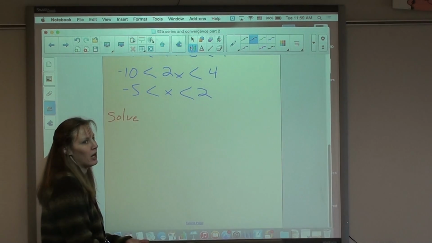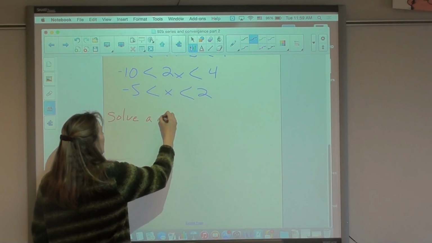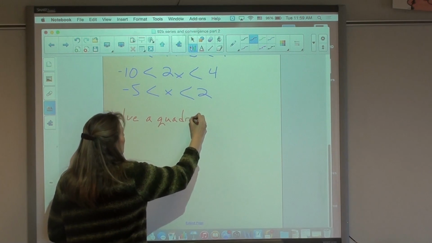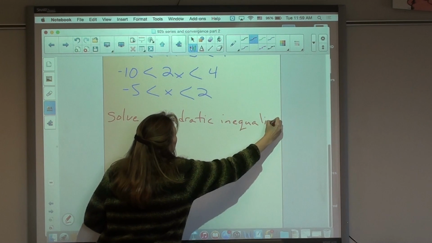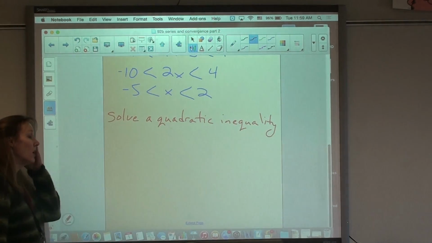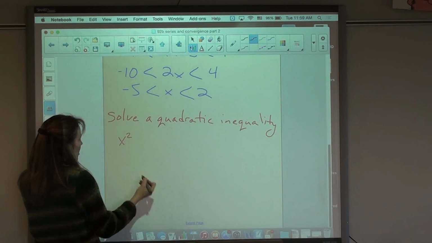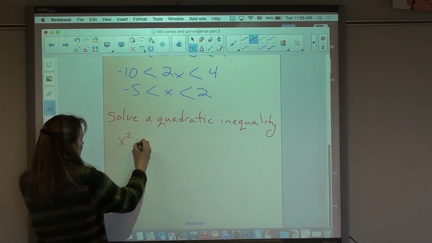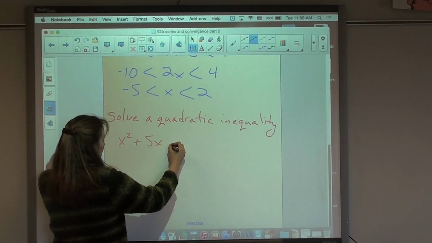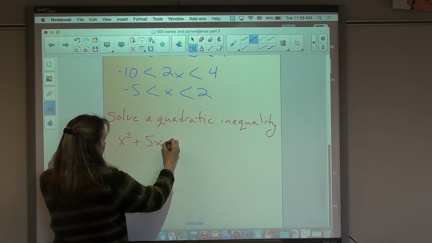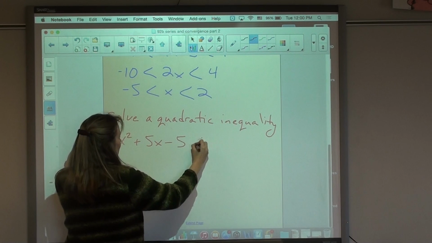You could do it for any polynomial, but I'm just going to do it for a simple quadratic just so you can see. Solve a quadratic inequality. Suppose we need to know where x squared plus 5x minus 5 is less than 1.